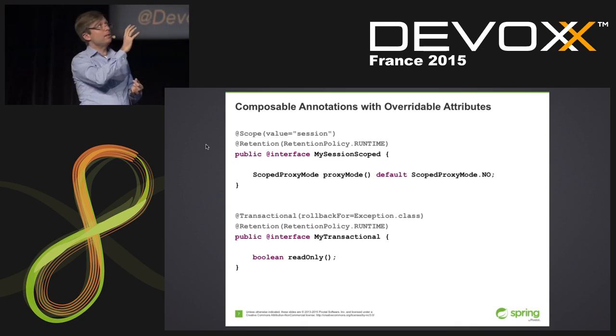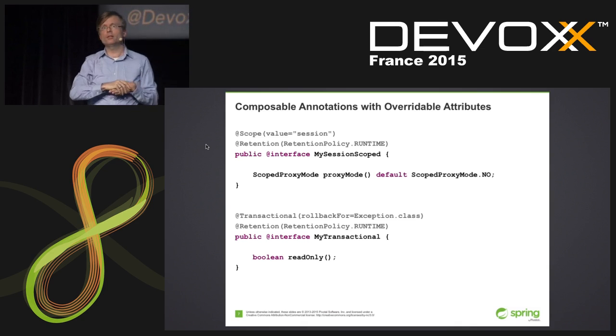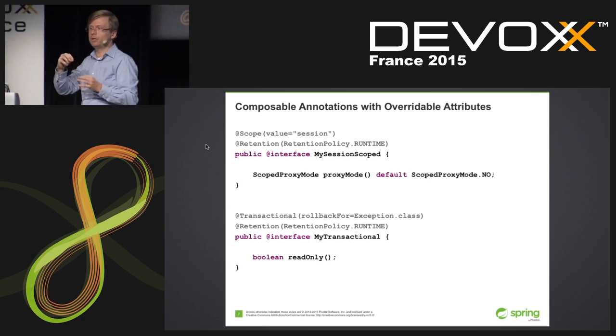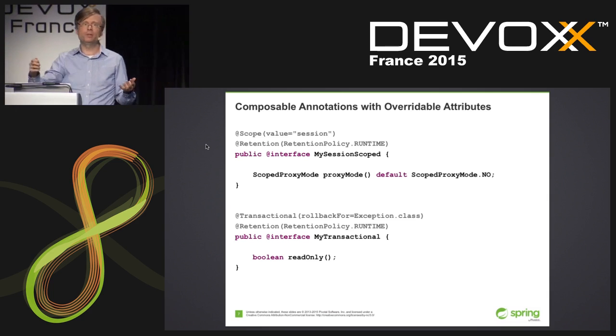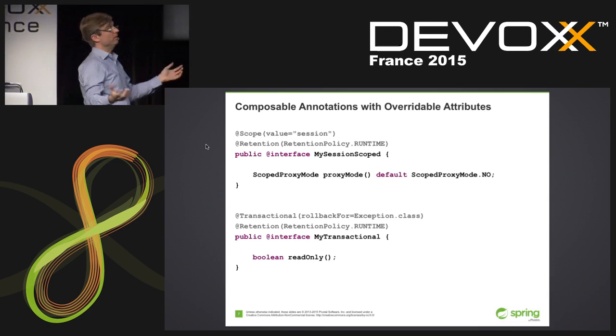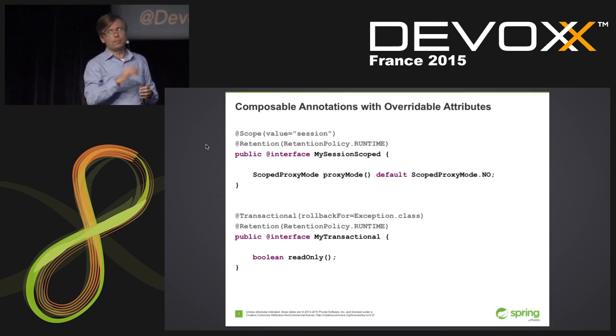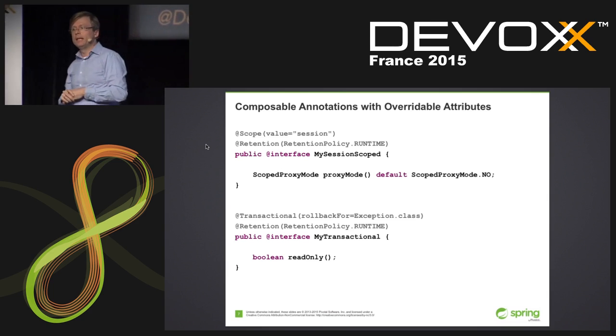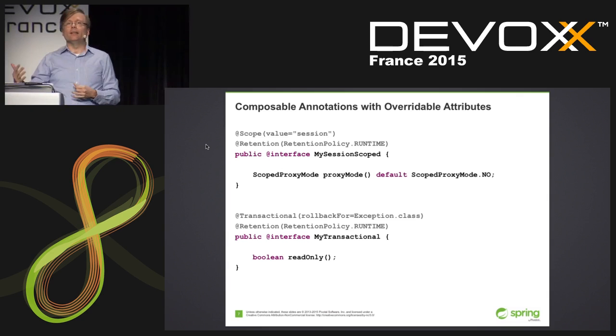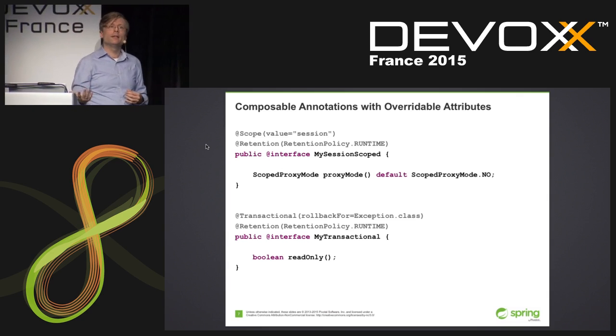Some characteristics can be fixed. The name session here, the scope session, that's fixed. Every time somebody says @MySessionScoped, there is no way to override this, basically. It's hard-coded at that point. But the proxy mode is still flexible. This is a way of guiding a developer team in the end.